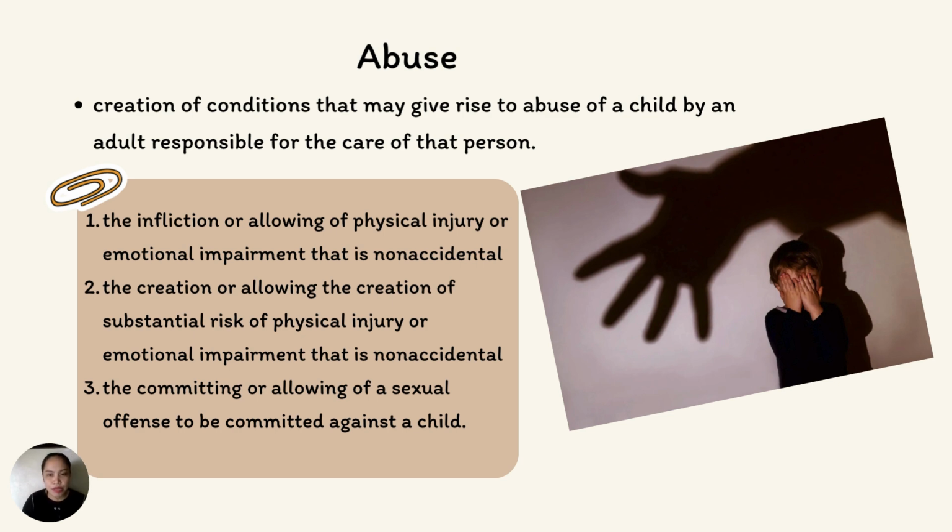The abuse may be in the form of, first, the infliction or allowing of infliction of physical injury or emotional impairment that is non-accidental. Second, the creation or allowing the creation of substantial risk of physical injury or emotional impairment that is non-accidental. Or third, the committing or allowing of a sexual offense to be committed against a child.